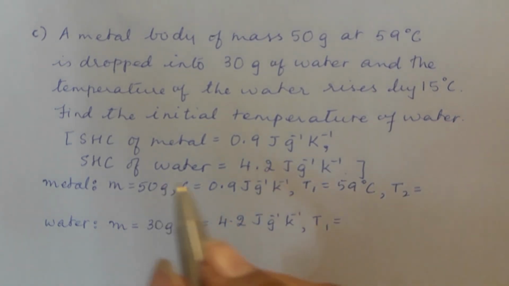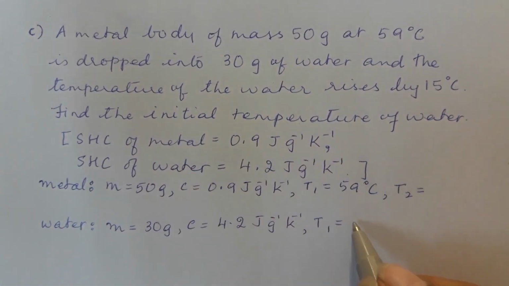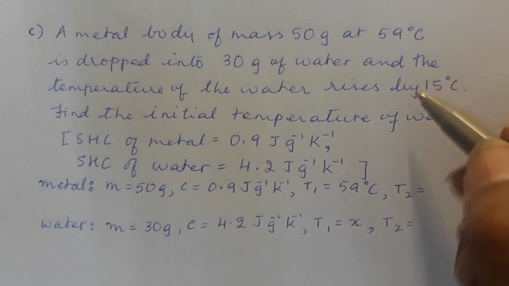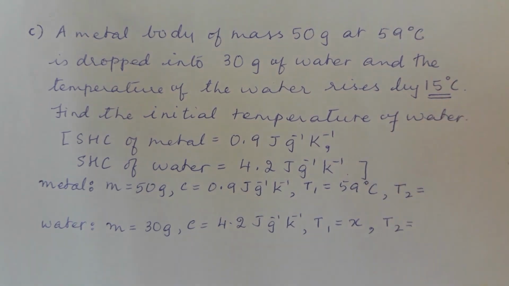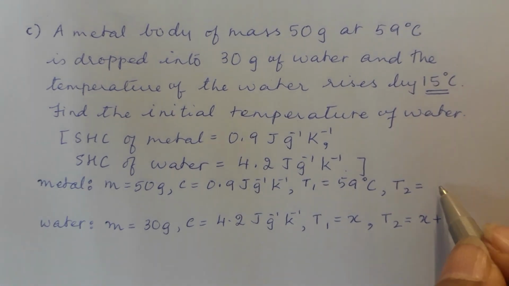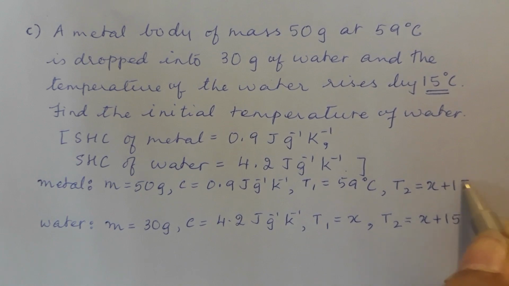Initial temperature, find the initial temperature, so we'll call it X. And your T2, that is the final temperature, we know that the initial temperature rises by 15 degrees C. So it becomes X plus 15, and so the temperature of the metal as well will be X plus 15 Kelvin.